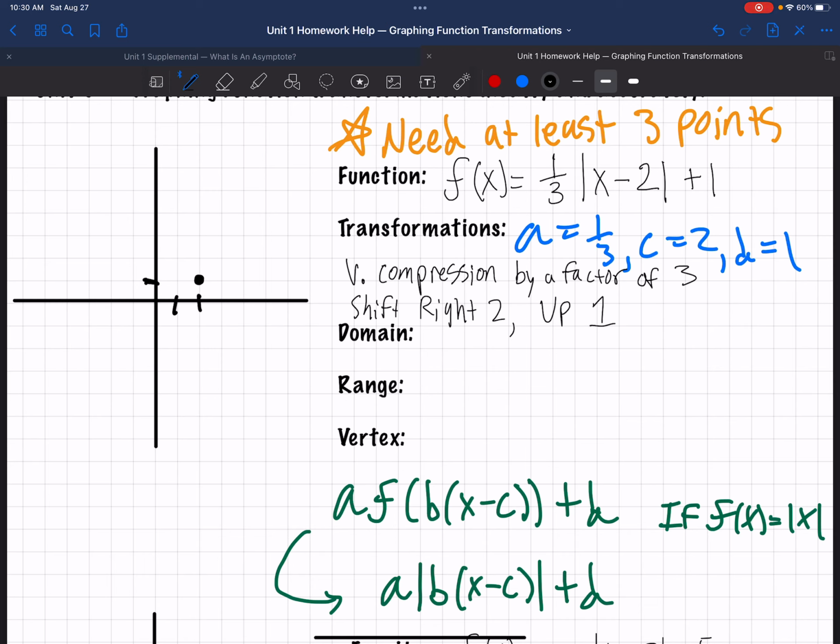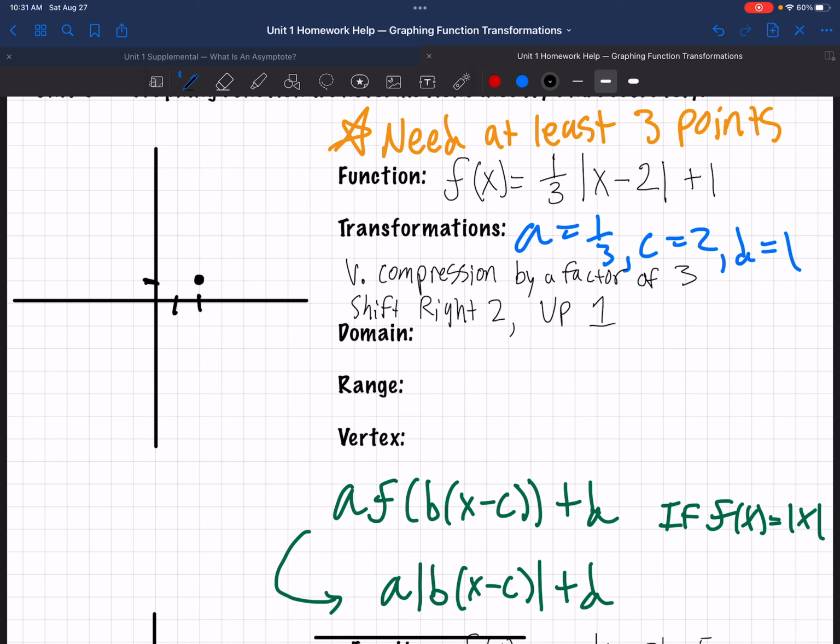You're welcome to graph fractions so long as you show me what the point is. So if you label the point and it's a fraction, that's fine. But if it's unclear where the point is, that's not good, okay? So just make sure, if you're going to graph a fractional point, label it so I know exactly that you found that point.